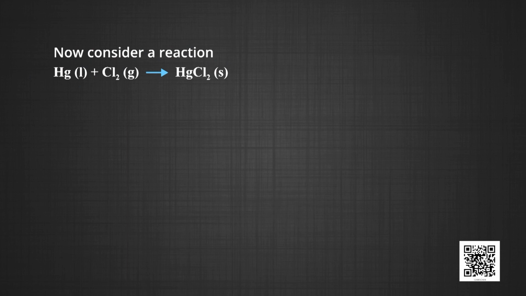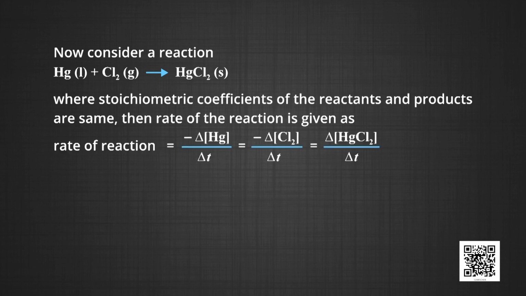Now, the effect of the stoichiometry on the rate of the reaction. Consider a reaction Hg plus Cl2 gives HgCl2, where the stoichiometric coefficients of the reactants and the products are the same.